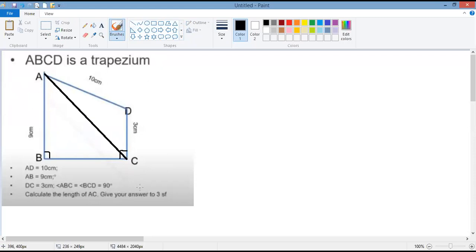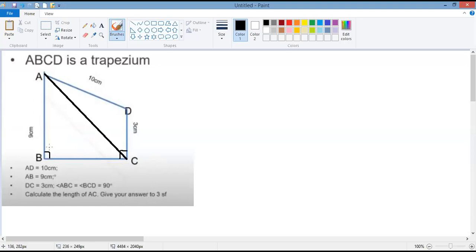By using Pythagoras theorem. You must have the lengths of at least two sides of the triangle, so that you can find the other side. Can you use right angle triangle ABC? No, because you have to find out the length of BC first, then you can only find out the length of AC.